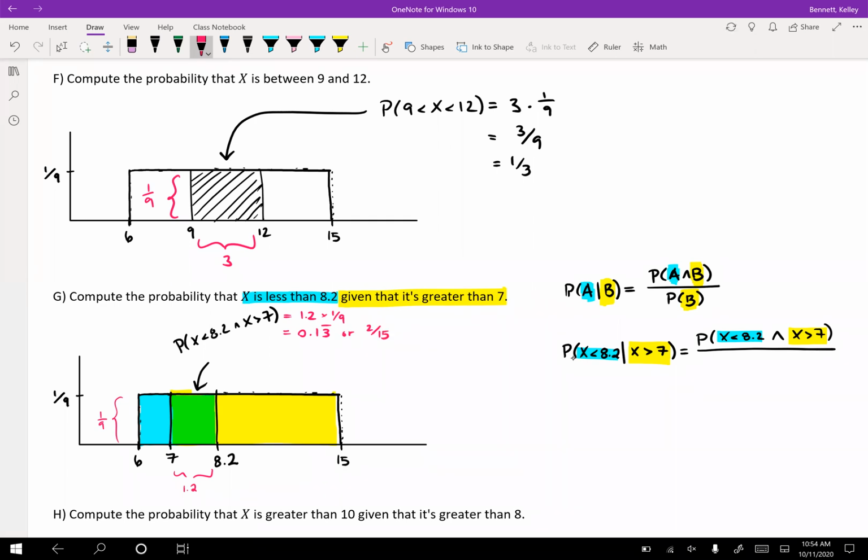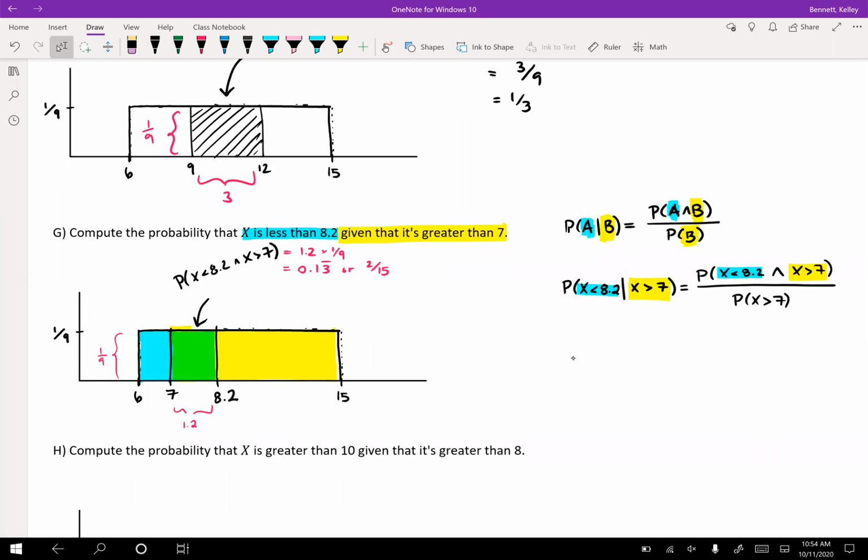The next thing I have to look up is the probability that X is greater than 7, because that's my denominator, the probability of the given condition. So the probability that X is greater than 7, that's going to be, right, from 7 to 15, so that's 8. And my height is always 1/9.